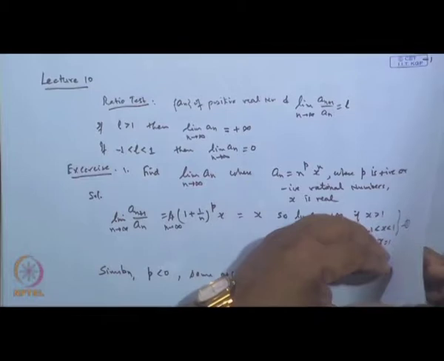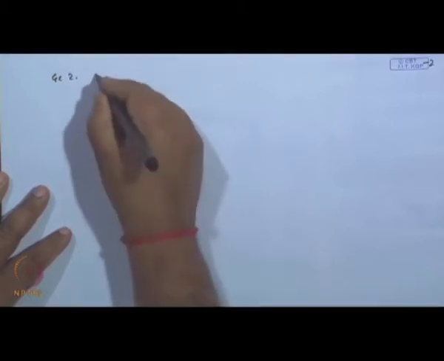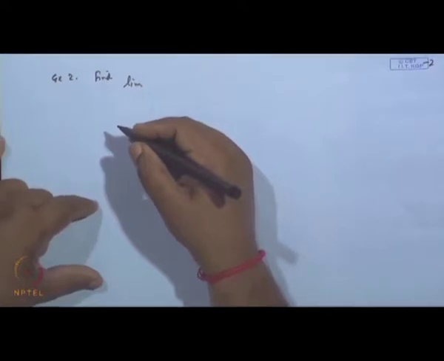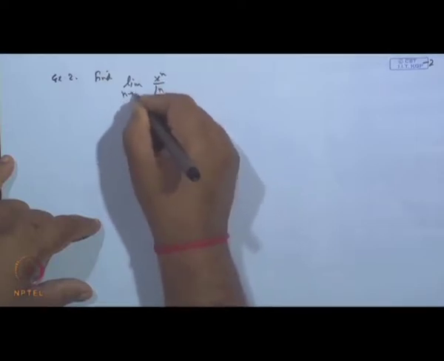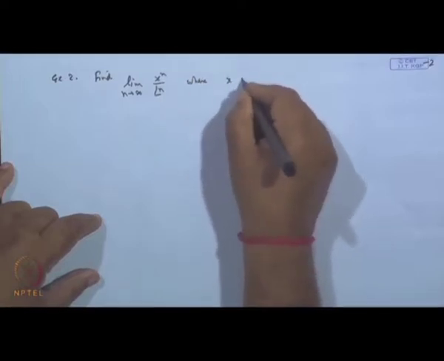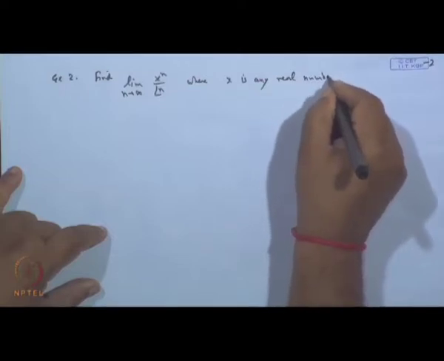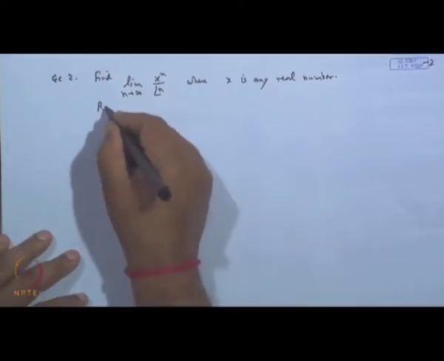Second exercise, let us see. Exercise 2: find the limit of x to the power n over factorial n as n tends to infinity, where x is any real number. Now, again apply the ratio test.